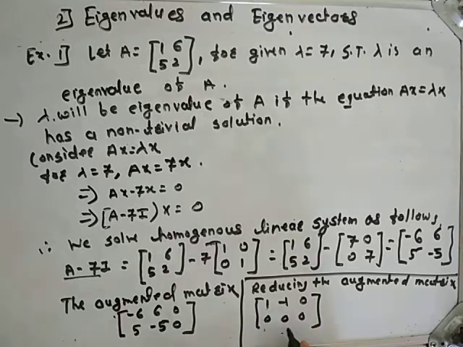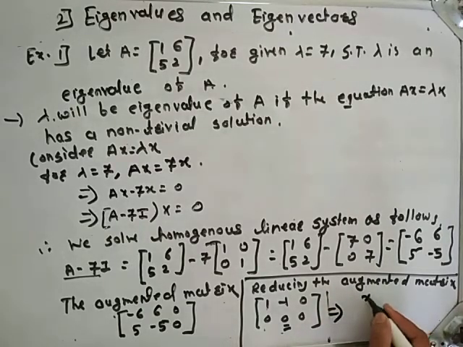So here x2 is a free variable. This implies x1 minus x2 = 0.